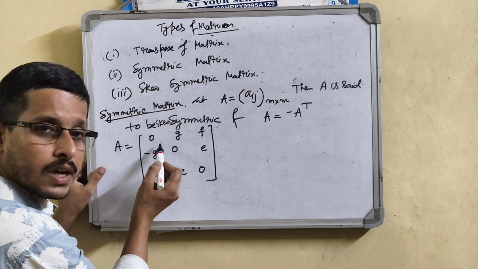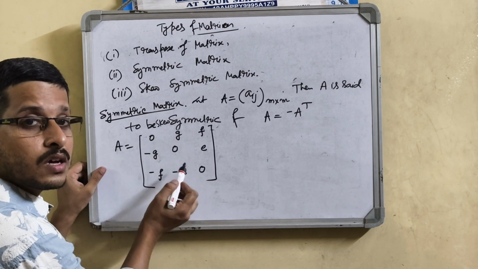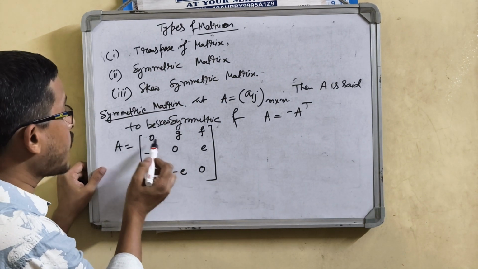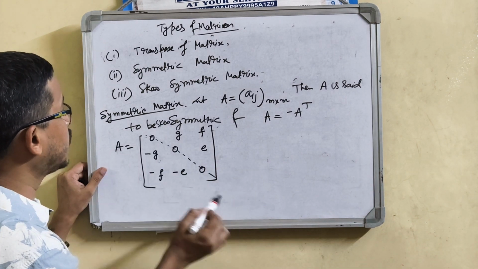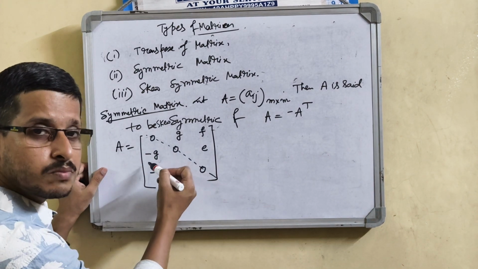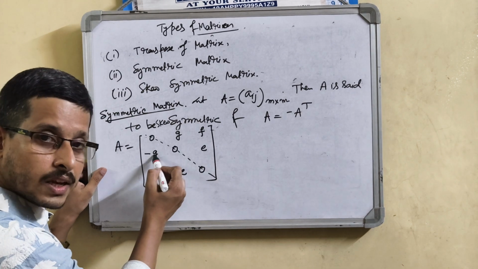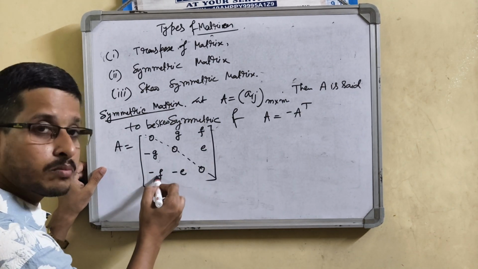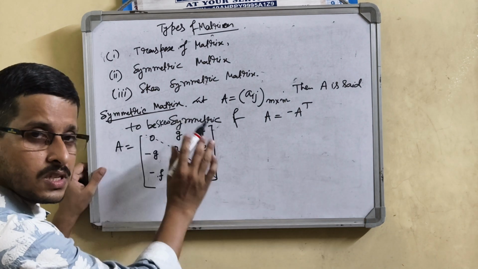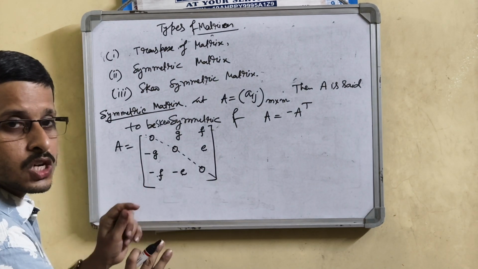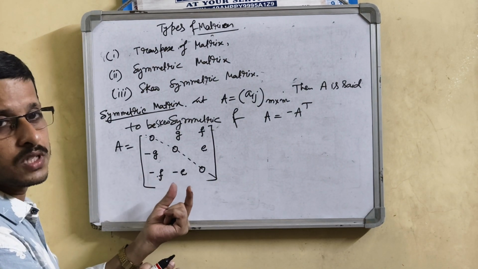Now if we consider the principal diagonal as a mirror, then by reflecting on this mirror, G is reflected to minus G, F is reflected to minus F, E is reflected to minus E. This is the basic formation to understand that a matrix is skew symmetric.